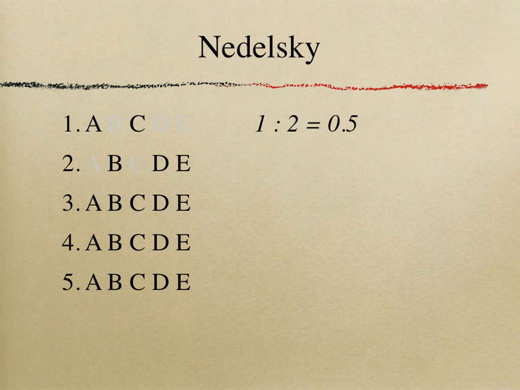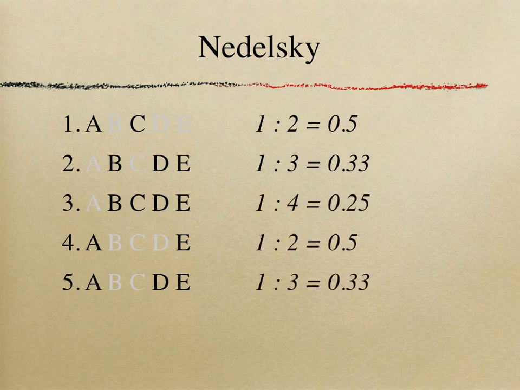If you move on to the second one, for example, the borderline candidate could eliminate 2 of the distractors happily, so then he's got a choice of 1 out of 3 for that single item. And if you just carry on, just as an example, in the third one he's got a chance of 1 out of 4, in the fourth one a chance of 1 out of 2, and the fifth one a chance of 1 out of 3.